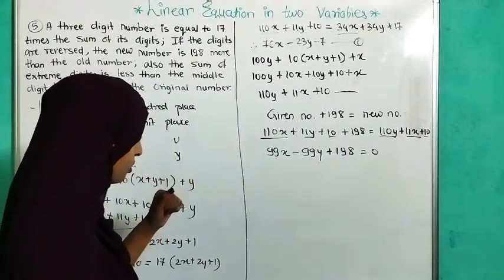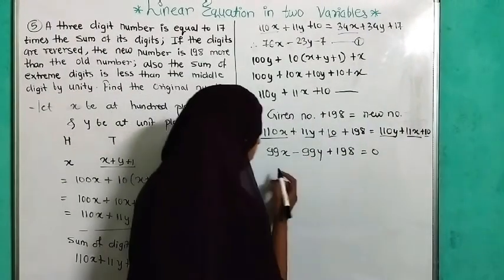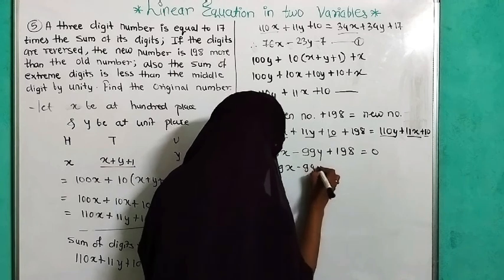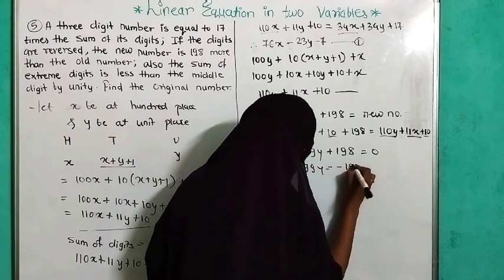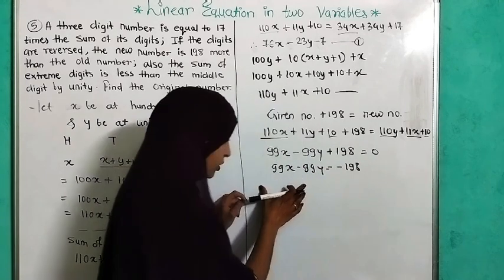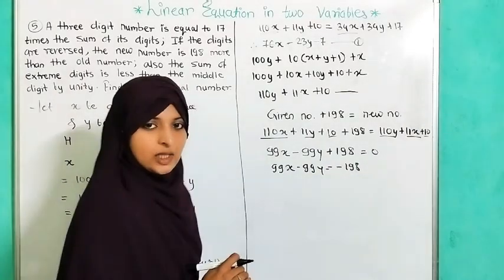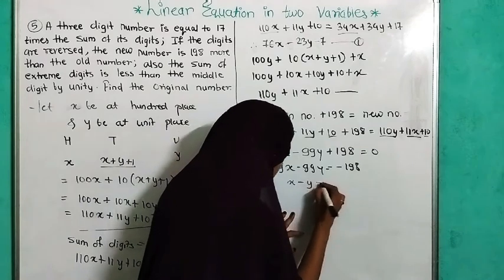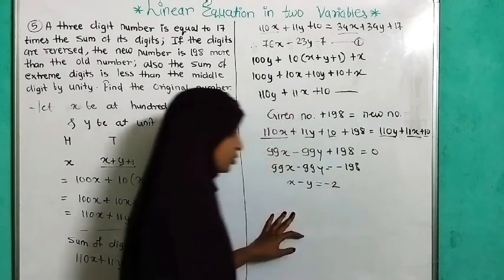Now we consider 99x minus 99y is equal to minus 198. If we divide the whole equation by 99, then we get x minus y is equal to minus 2.